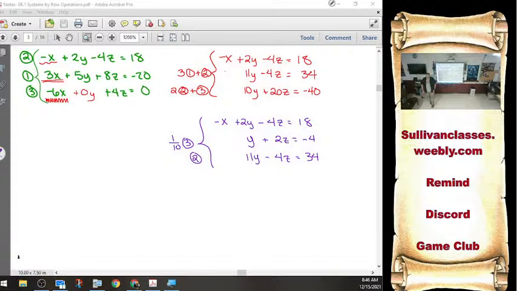You see how it's easier to eliminate that y now because I have a 1y above the thing I'm getting rid of. I don't want to use an 11 to get rid of a 1. I want to use a 1 to get rid of an 11. And since swapping rows is legal, I'm going to put that one in the middle to make the last step easier.